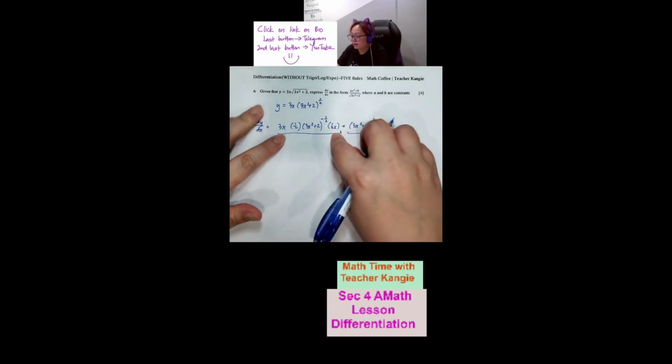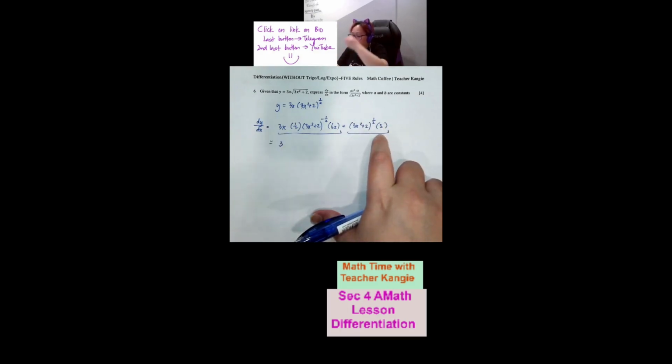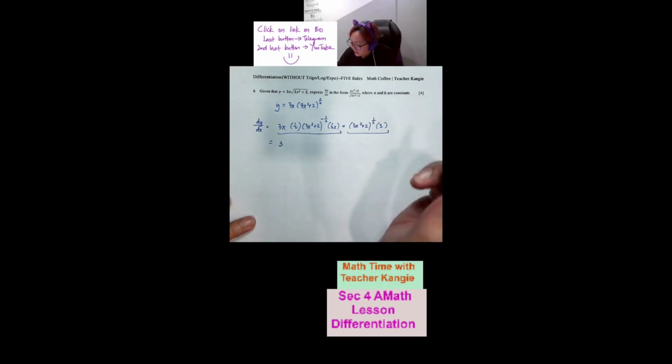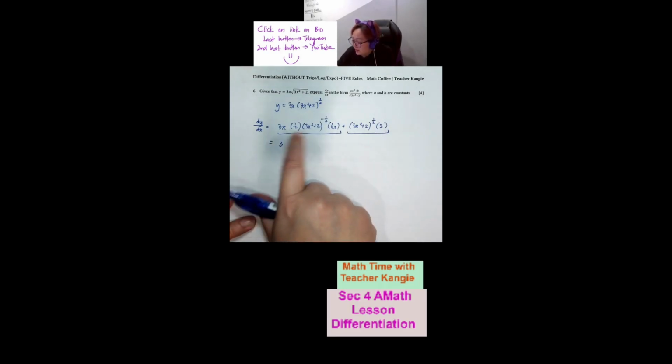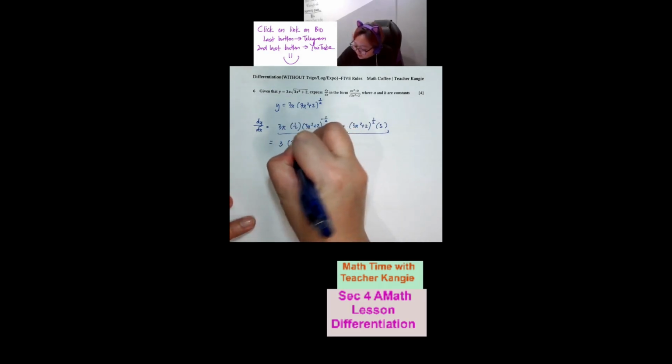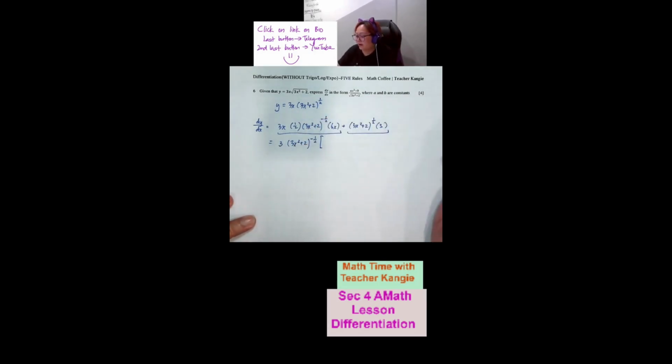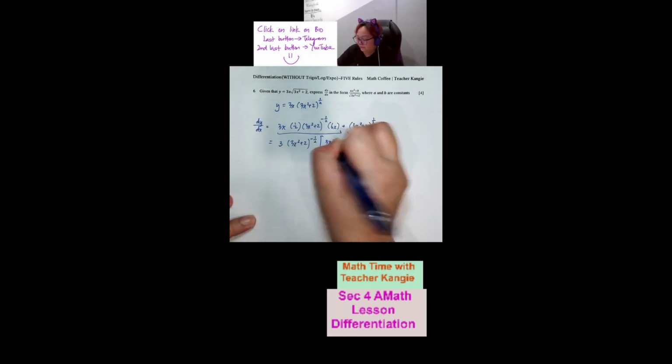So when I take out 3, as well as 3x squared plus 2 to the power of minus half, put a very big square bracket. 9x squared, when I take out 3, I stay with 3x squared.